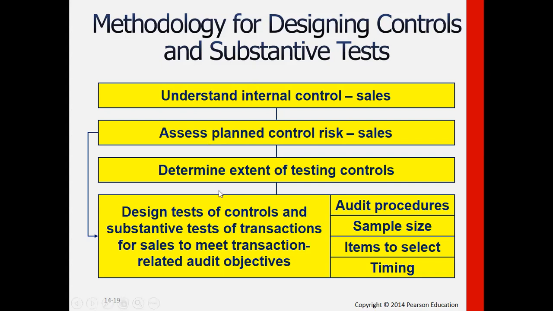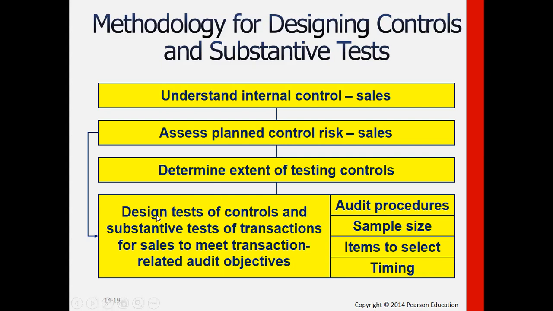Then we have to determine the extent of testing of controls. So how are we going to test controls? Will it be very exhaustive, very extensive, or less extensive? It depends upon the level of the control risk.